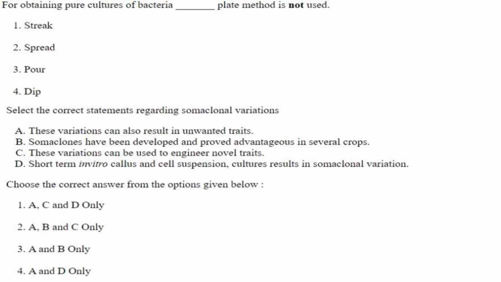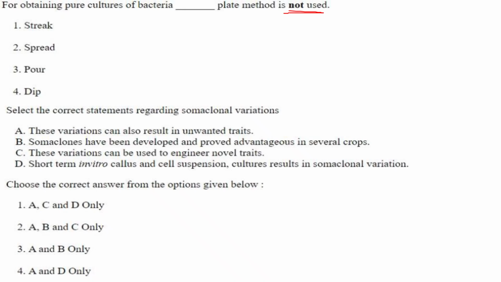Then, for obtaining pure cultures of bacteria, which method is not used? Streak plate is used: the inoculum is spread on the surface of an agar plate using an inoculation loop, and you get individual cells. Then spread plate: you take a small volume of the sample containing bacteria, drop it onto the center of an agar plate and spread it using an L rod.